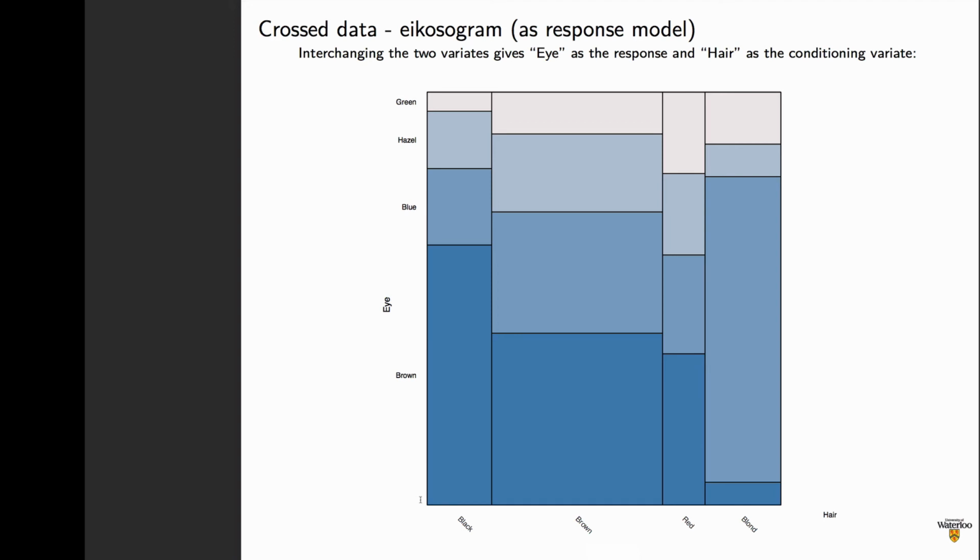So this width is the marginal probability of the hair color being black, and the height of this first bar is the conditional probability that the eye color is brown, given that the hair color is black.